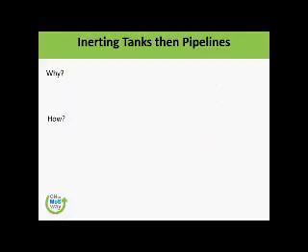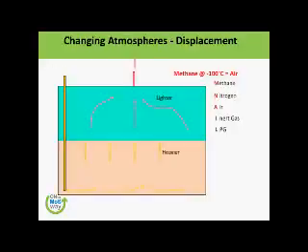So now we are inerting tanks. What was in the tank? You have noticed that in the tanks we have got air. So what will be the ideal point to put in the inert gas? Yes, air is lighter, it will stay up.